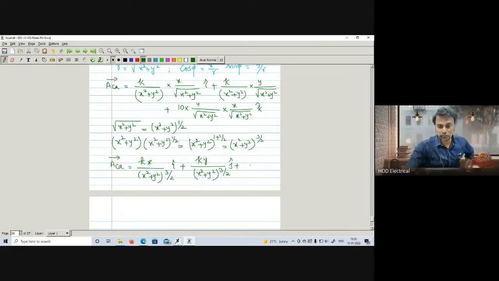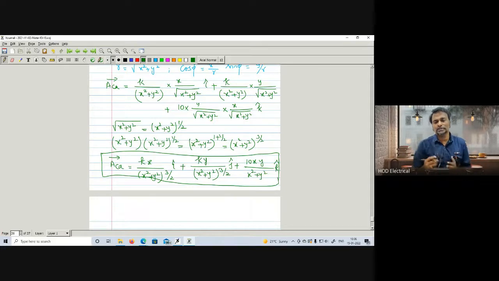So x square plus y square, root x into root x equal to x. Therefore 10xy divided by x square plus y square into k vector. Now we have converted all the vector components to the Cartesian coordinate system. This is what we can do, this conversion cylindrical to Cartesian and Cartesian to cylindrical coordinate.